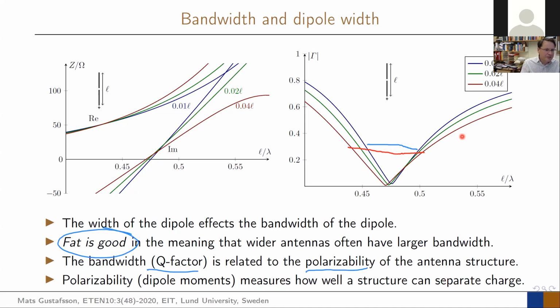And the polarizability goes back to almost my first picture of the dipole, where you can see plus charge, minus charge. You want to separate the plus and minus charge as much as possible. And if you have a wide antenna, you can actually separate plus and minus more. And that actually gives you the bandwidth in these cases.